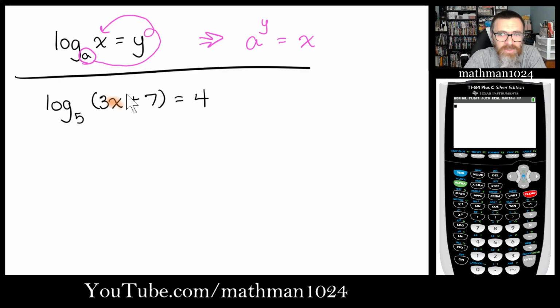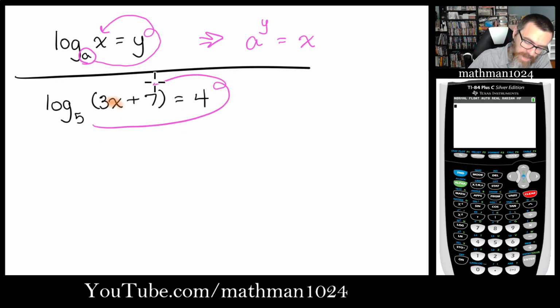We recognize we have a logarithm, and we're trying to figure out how do we undo that log. Well, the way we undo it is that we rewrite it from a logarithmic form, like we have here, into an exponential form. So let's fly the plane. That means 5 to the 4th power is equal to what's inside here.